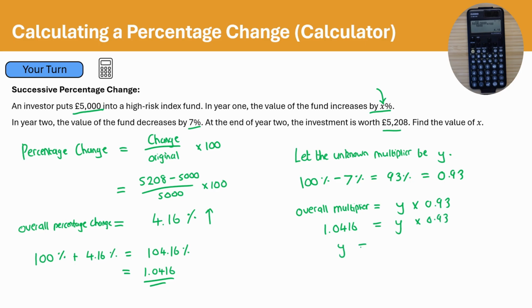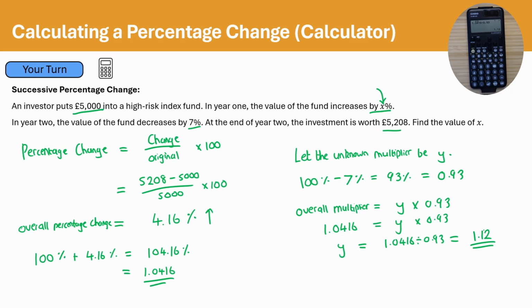We can work out the value of Y by doing 1.0416 divided by 0.93. That gives me an answer of 1.12.